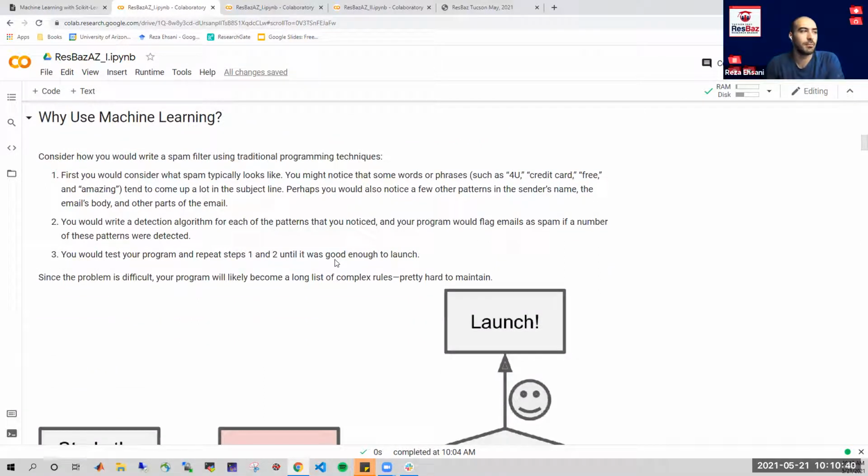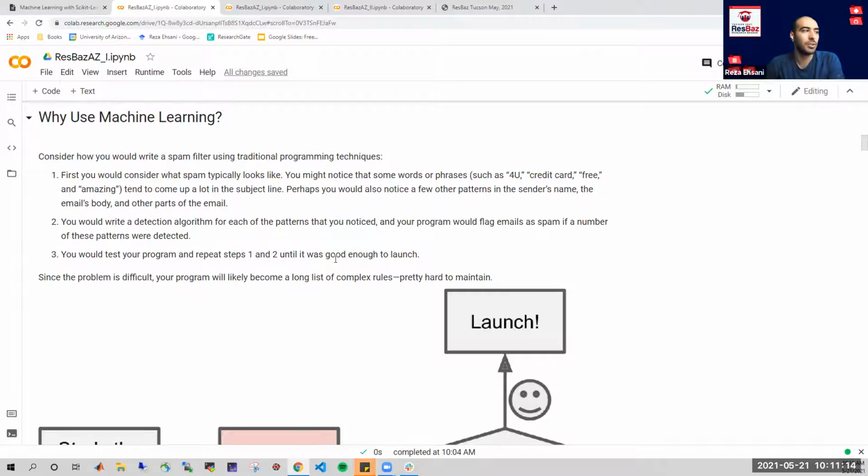If we try to use traditional programming techniques to write a program for classifying emails, first we need to consider what spam emails typically look like. For this purpose, we may notice that some phrases like "for you," "credit card," "free," and "amazing" appear a lot in the subject line of those emails. Then you may try to find other patterns in the sender's names and the body of the email.